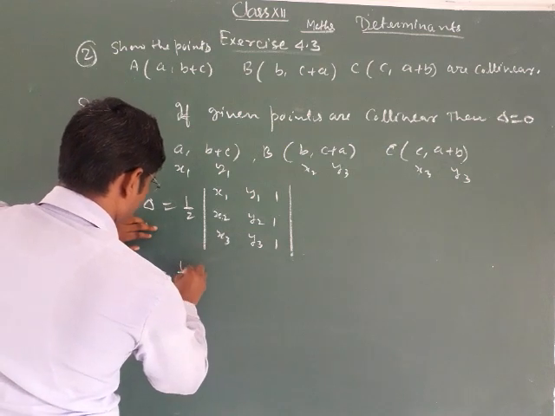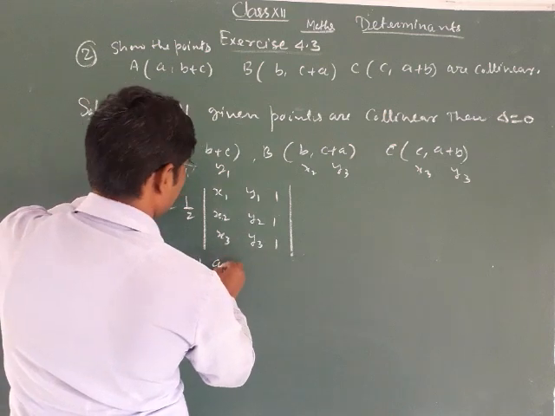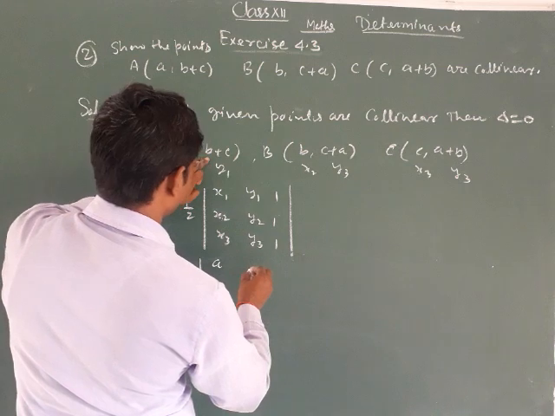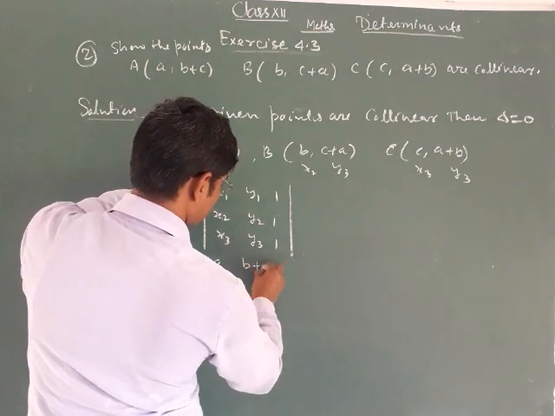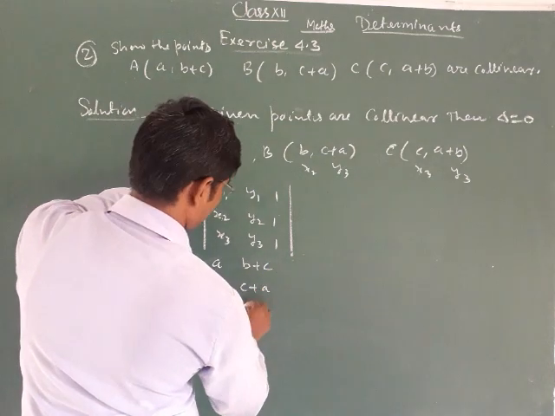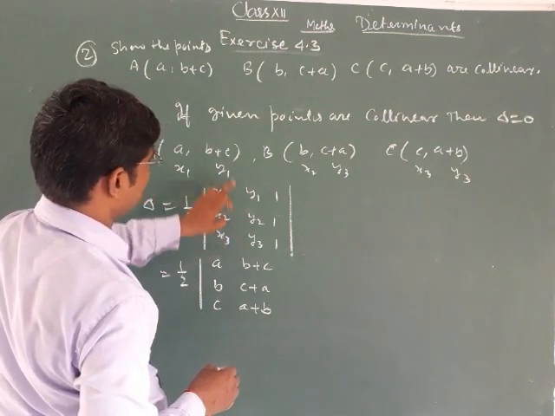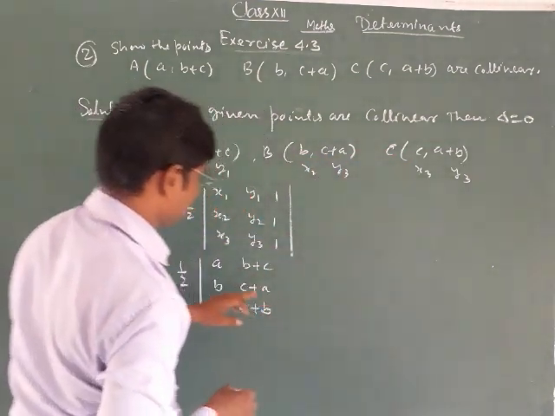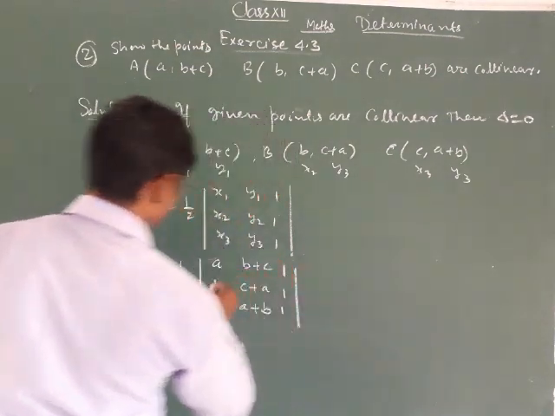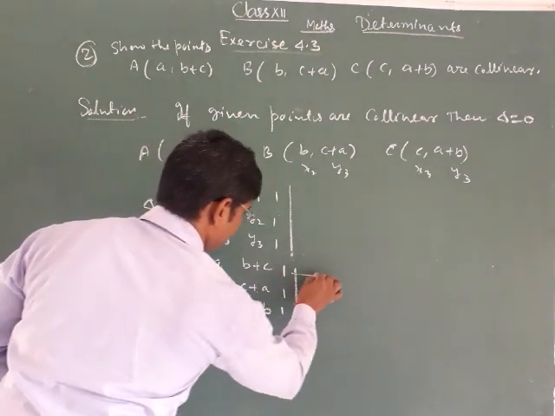So now 1 by 2 times the determinant with x1, x2, x3 being A, B, C, then B plus C, C plus A, A plus B as y1, y2, y3, and 1, 1, 1. Now expanding along R1.